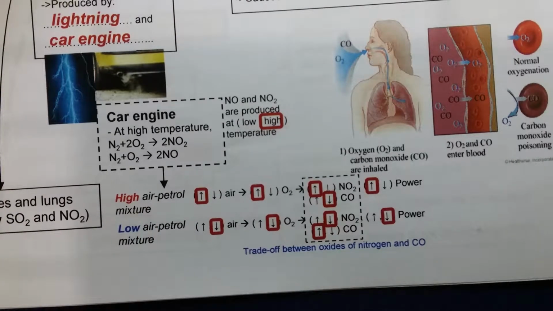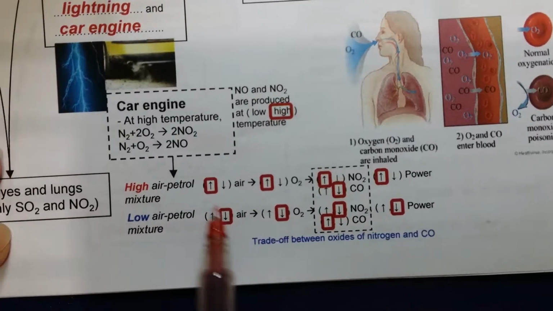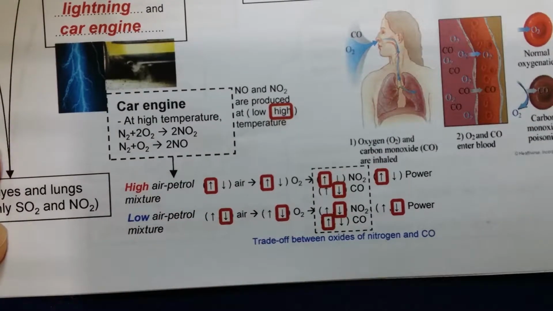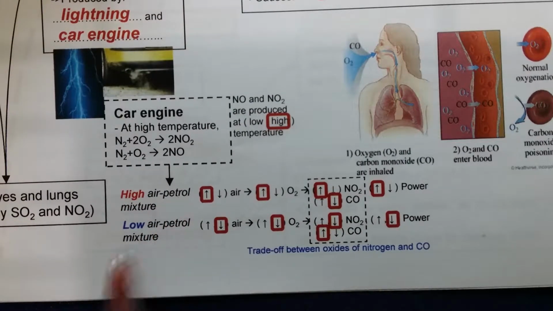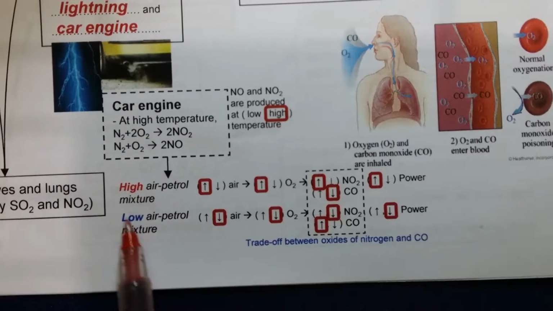Now let's look at the car engine, what happened inside. In order for the car engine to produce power, you need to mix the air and the petrol, and then after that burn it. Now there could be one of these two situations.